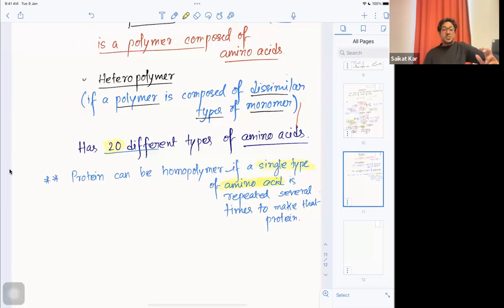But naturally, it is never found. Naturally, proteins are always heteropolymers.